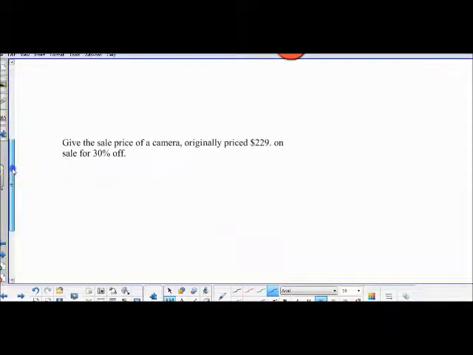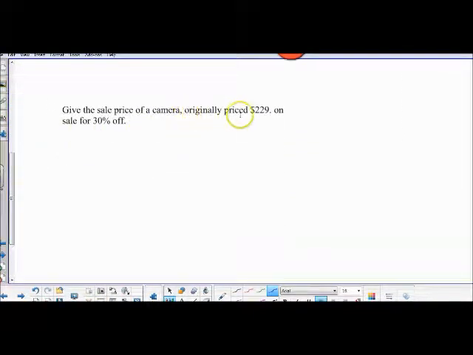All right, so if I want to determine what the sale price is of a camera, originally priced $229, on sale for 30% off. So, just as everything, I can use the same formula for every problem in this chapter. If I know what I'm doing, A, percent and base would be my identify step for ISMU.